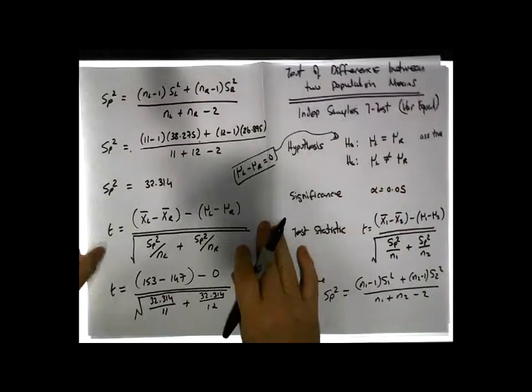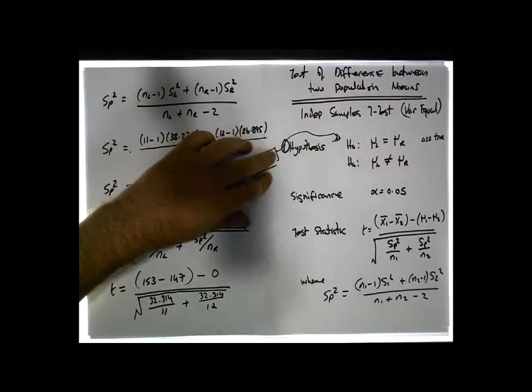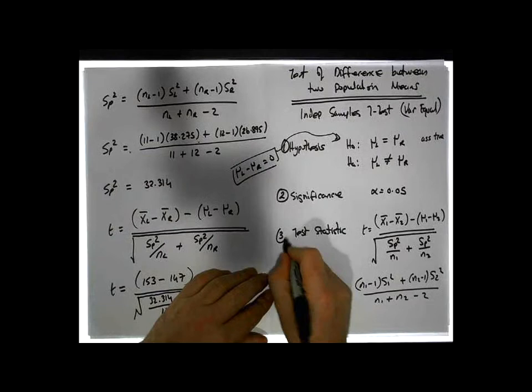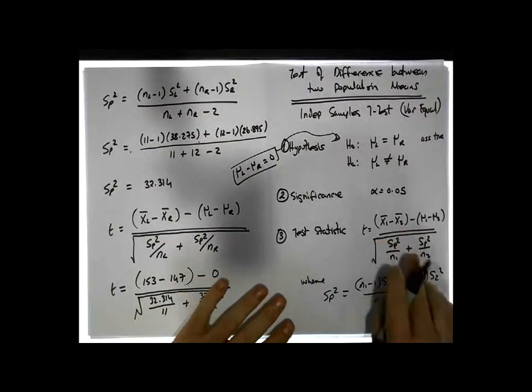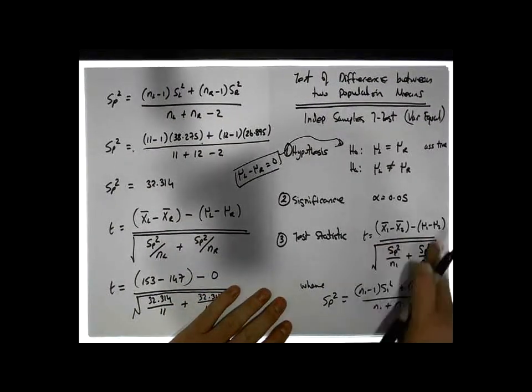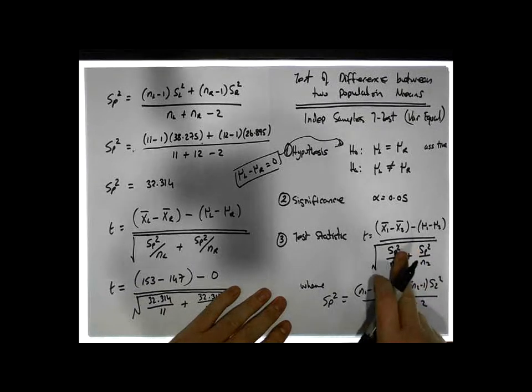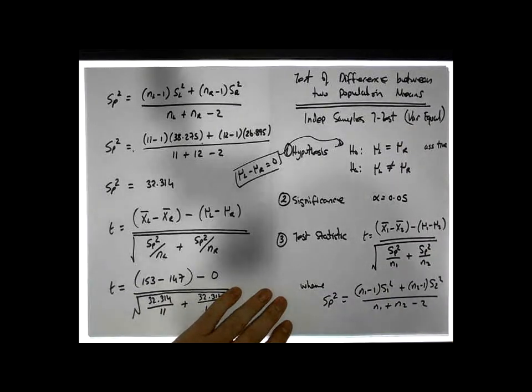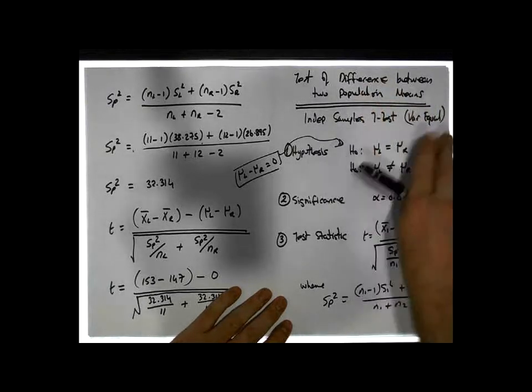But let's just keep in mind where we currently are. We've done step 1, which is defining the hypothesis. We've set our significance level at 5%. Step 3 is we've calculated the magnitude of the difference between the two samples using our test statistic, the one associated with assuming equal variances, that the two samples were drawn from populations with equal variances.